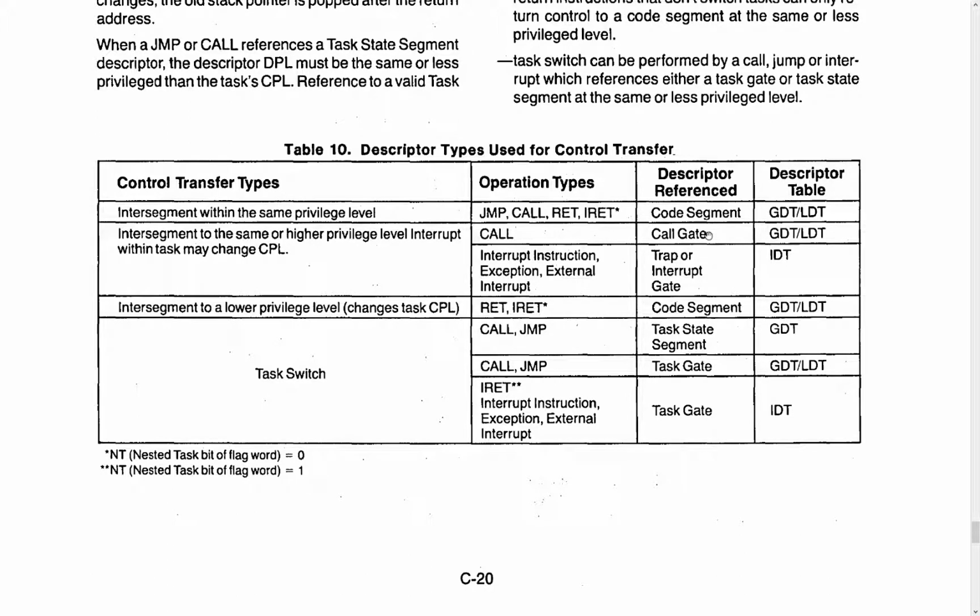The reason for that is that the gate sets up what offset within the higher privilege segment is called, to make it impossible for a lower privilege program to jump to any offset in a higher privilege segment.